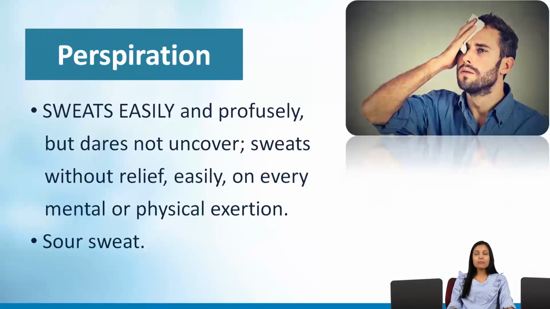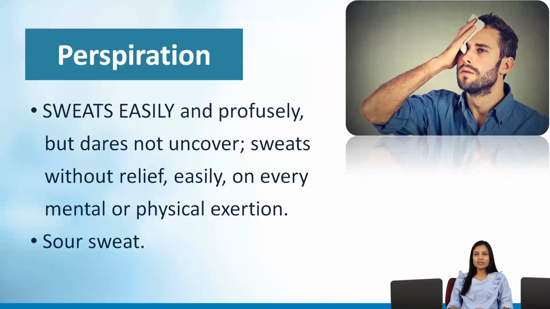Perspiration. Hepar Sulph tends to sweat very, very easily and very, very profusely. A similar kind of easy and uncomfortable perspiration, profuse perspiration, is also seen in Merxol and it's also seen in silica. But the difference is that although Hepar Sulph sweats very, very easily, he still does not want to be uncovered.